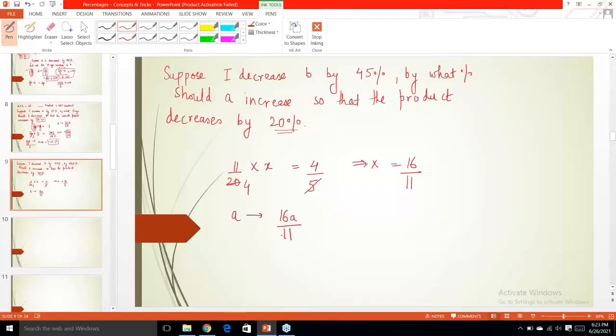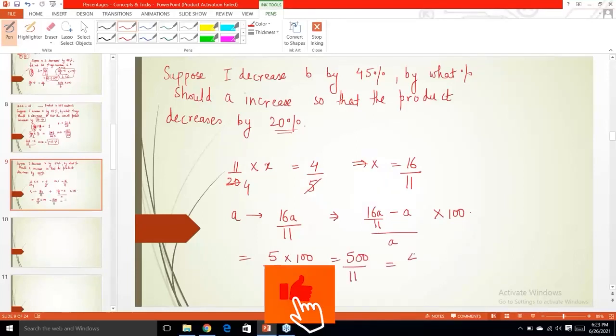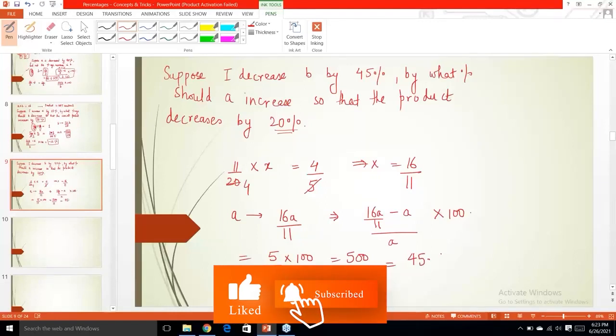So the answer seems to be something around 45%, but let's double check. So what is the change? The change is final minus initial upon initial into 100. So 16A by 11 minus A upon A into 100, right? Which is 5 by 11 into 100, which is 500 by 11. Now whatever this is, 45.45%, right? 45.45%.